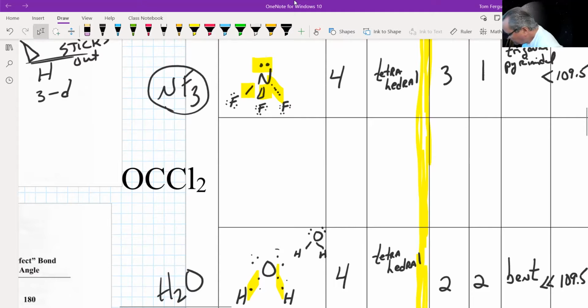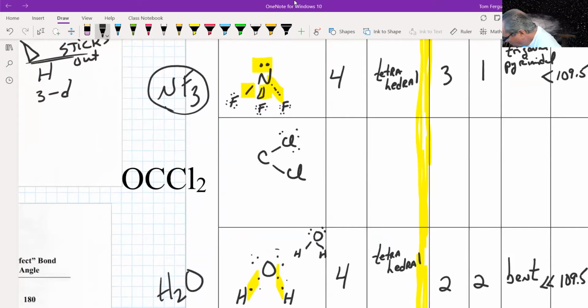So carbon's going to be in the middle. I'm going to have two chlorides and then a double bonded oxygen.